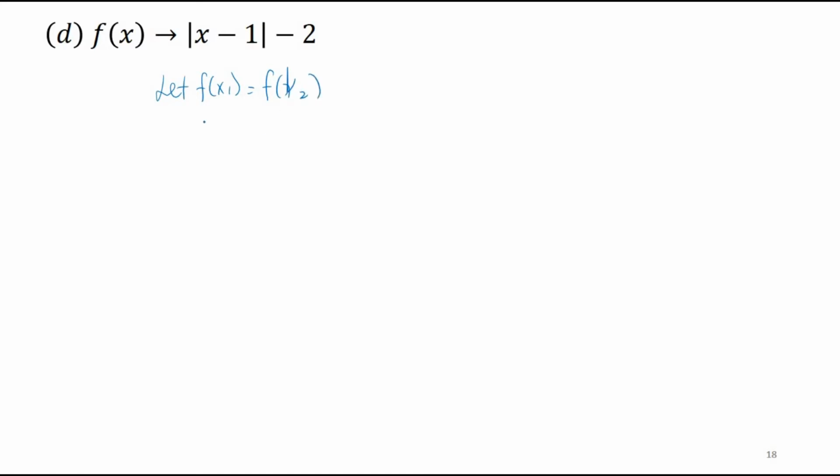So you'll get modulus x1 minus 1 minus 2 equal to modulus x2 minus 1 minus 2. So you simplify this, then you'll get modulus x1 minus 1 equal to modulus x2 minus 1.